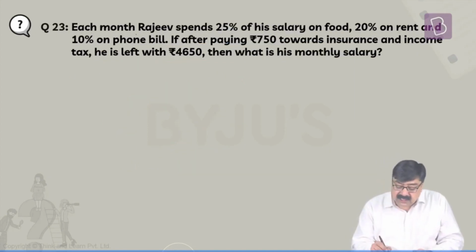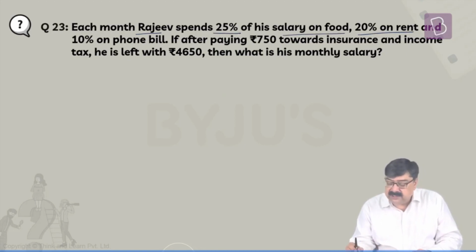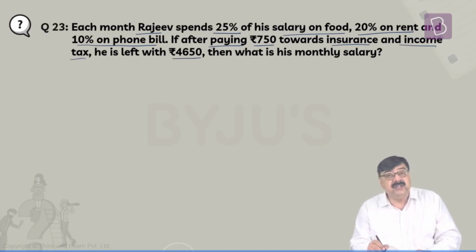Each month, Rajiv spends 25% of his salary on food, 20% on rent, 10% on phone bill. If after paying rupees 750 towards the insurance and income tax, he's left with rupees 4650, then what is his monthly salary?